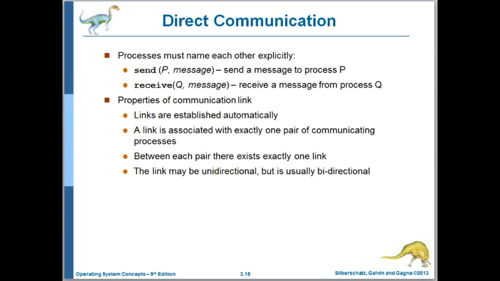It's implied that a link has exactly one sender and exactly one receiver. There is, in essence, a link for every pair of processes. And as stated at the end there, the link is usually bidirectional. I've read that bullet a little too quickly.